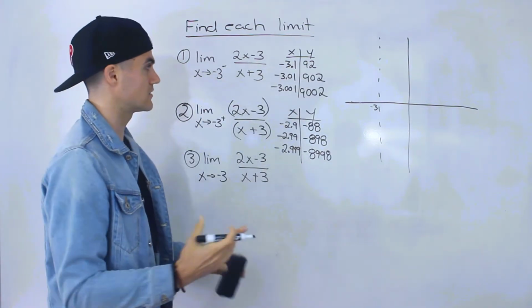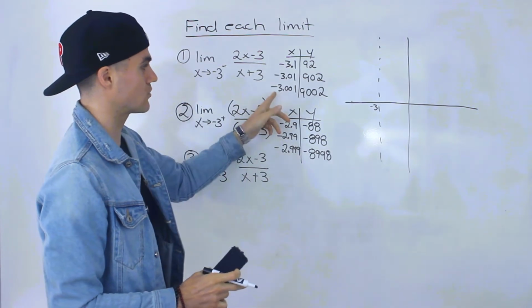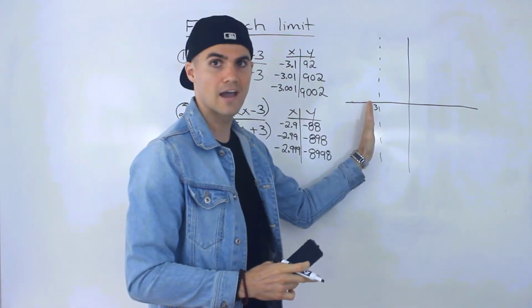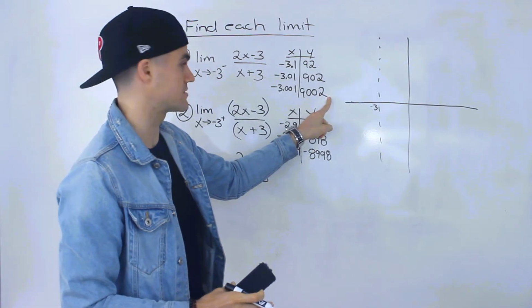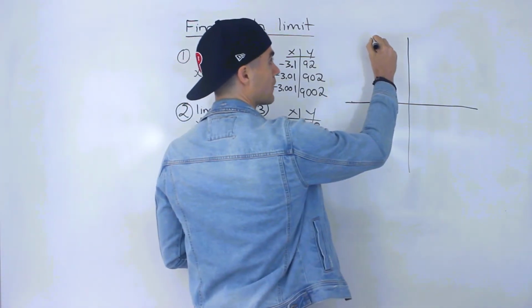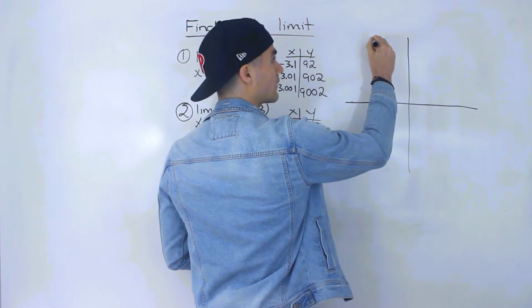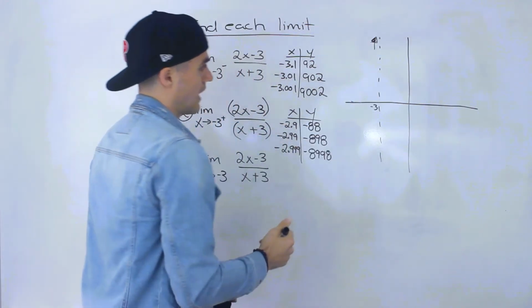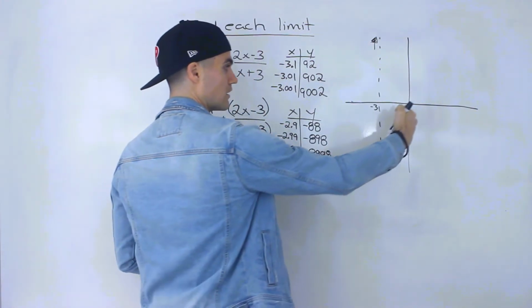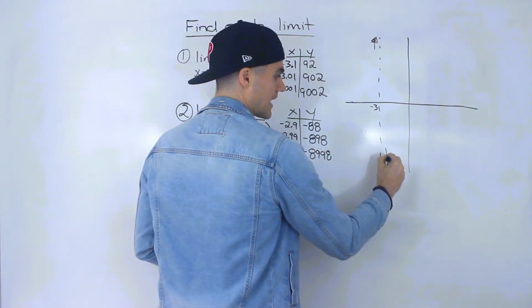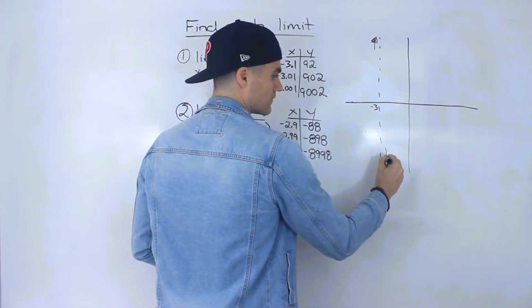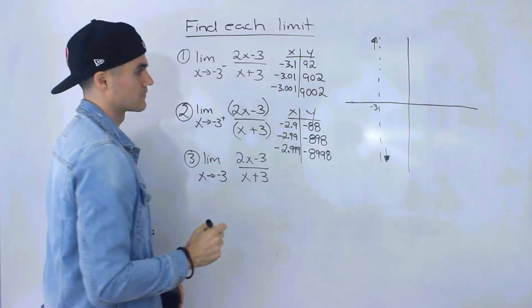So you could see the pattern. As we approach -3 from the left side, notice all the y values are going towards positive infinity. They're going higher and higher on the positive side. And then as we approach -3 from the right side, all the y values are going towards negative infinity.